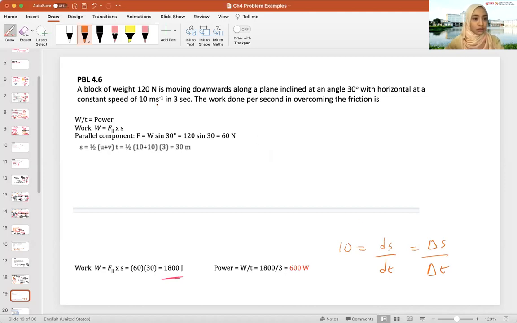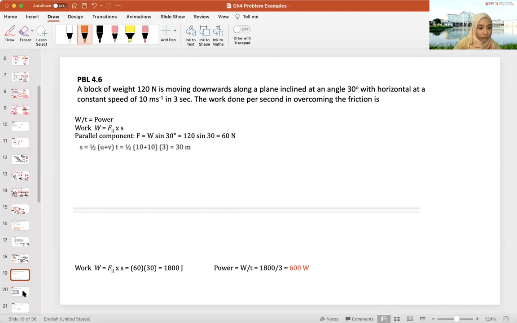Mathematically, it should comply. Physics and math are like best friends actually. Although I don't like math, I'm forced to. So this is what you get, 1,800. It should be negative because the non-conservative work done is negative. And then power is divided by 3.